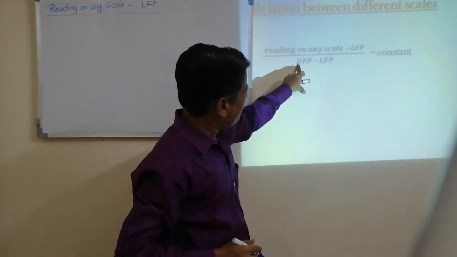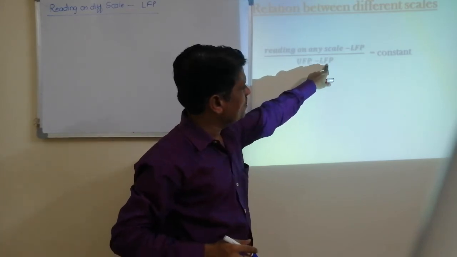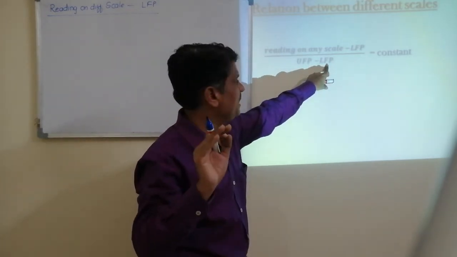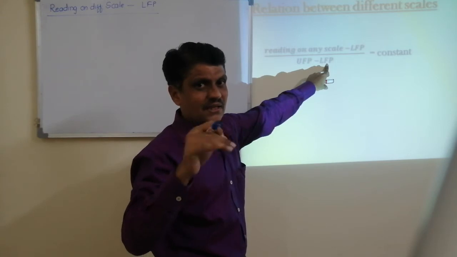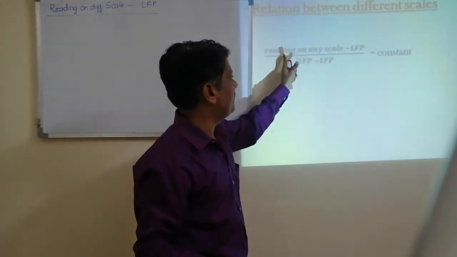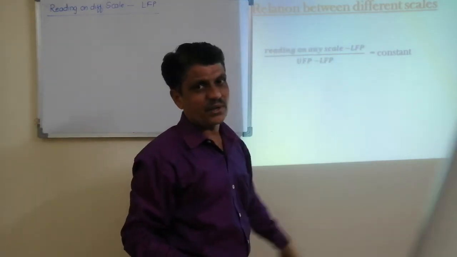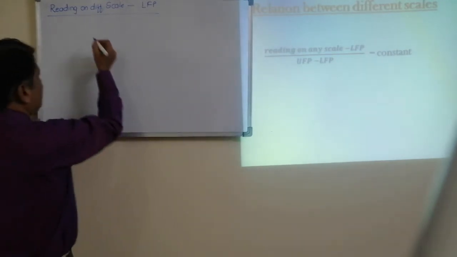You know, the upper fixed point minus the lower fixed point will be equal to the number of divisions between the upper fixed point and lower fixed point. Keep in mind.